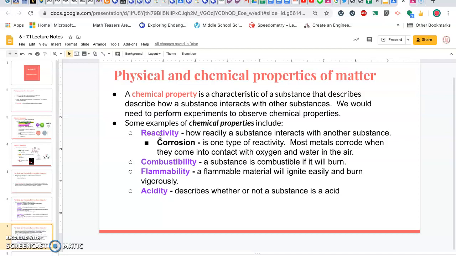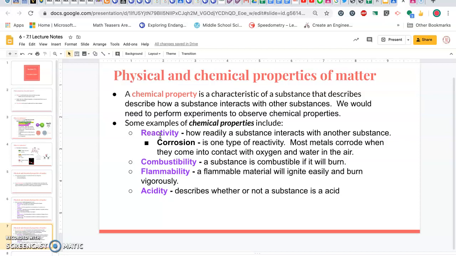Some examples of chemical properties would include reactivity, or how easily the matter interacts with another substance. One type of reactivity that we're all probably familiar with is corrosion. Most metals, when they come in contact with oxygen and water in the air, will corrode, will rust.